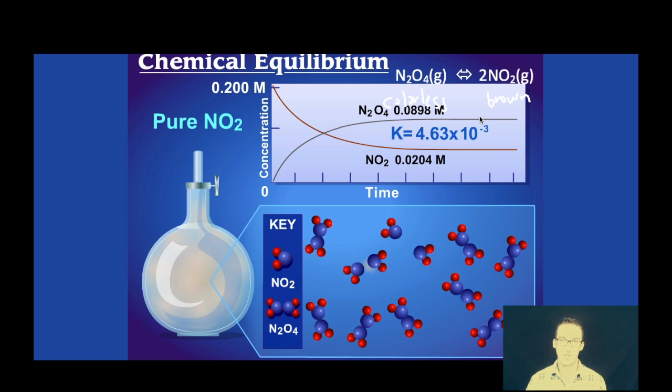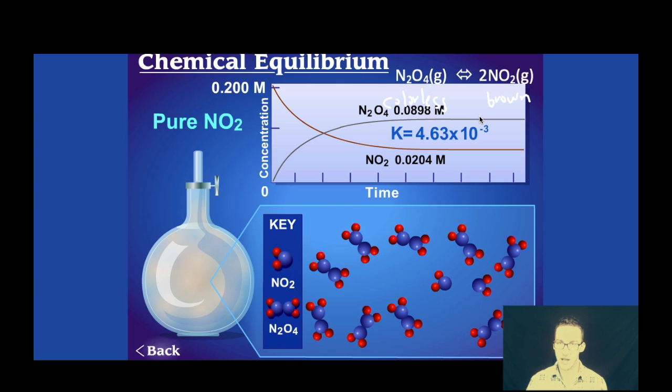And again, a small K value implies the formation of reactants is favored at equilibrium. And indeed, we have a greater concentration of the N2O4 than we have of the NO2 when we're at equilibrium. And again, that K value, whether it's bigger than 1, smaller than 1, or equal to 1, is simply going to tell you: do you have a lot of product or do you have a lot of reactant?